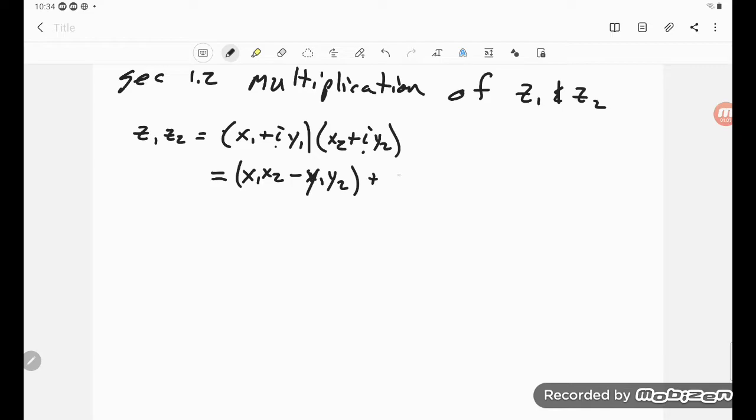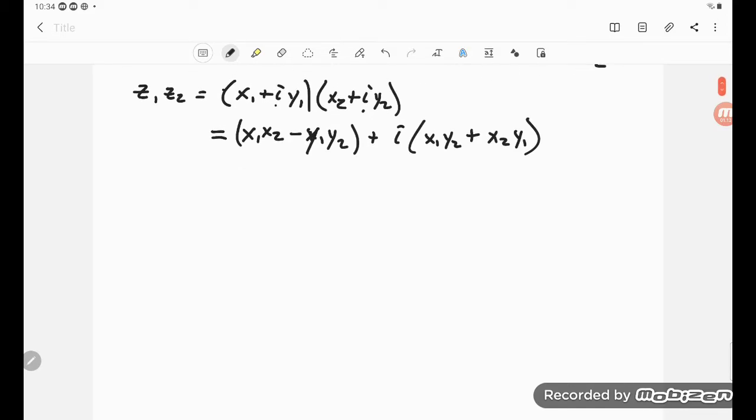And then plus I, and I have X1 Y2 plus X2 Y1. And if I do that, that's just not very insightful. So it's true, it's algebraic and so forth, but it didn't really give me a lot of insight as to just what happened.